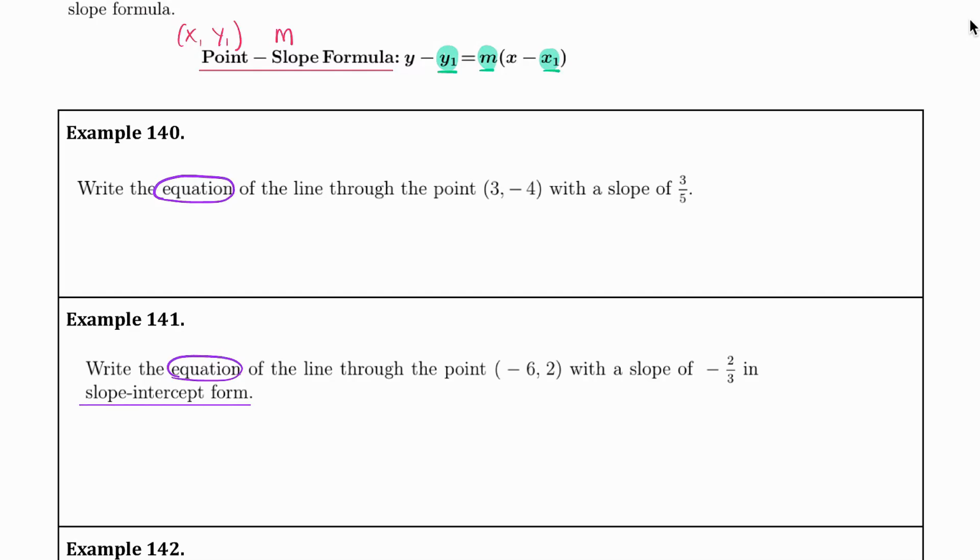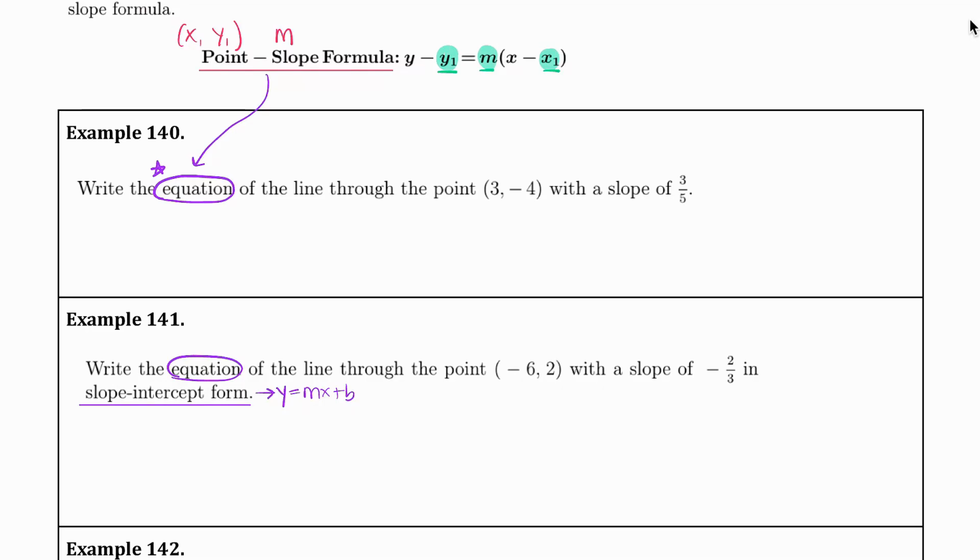So this tells me that I want my final result of that second example to be y equals mx plus b. It does not specify on this first one. If you want to convert it to slope-intercept form, you can, but it's not required. It just says to write the equation of the line. And keeping it in point-slope form is just fine if it only tells you to write the equation.